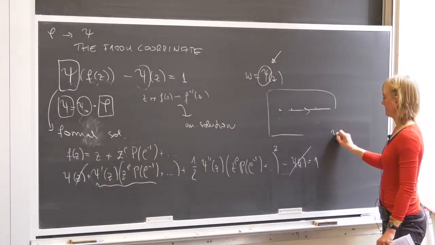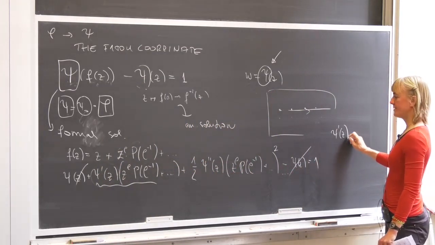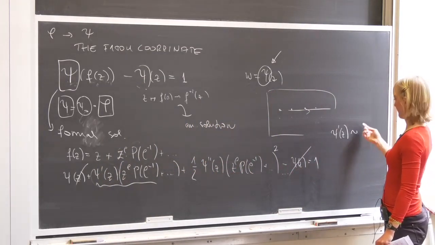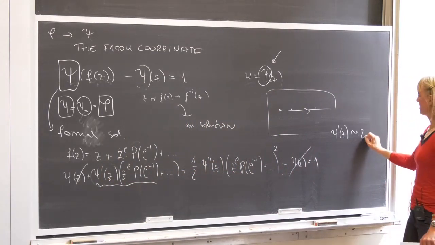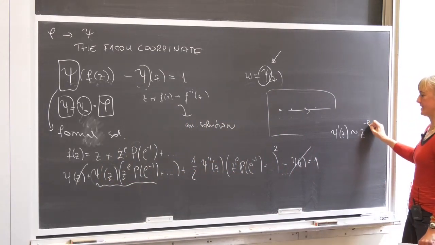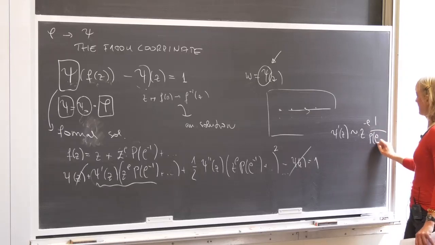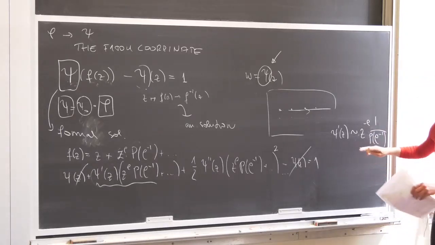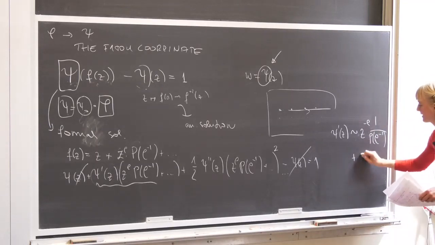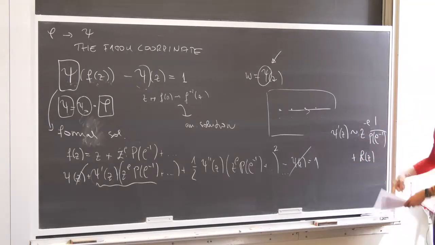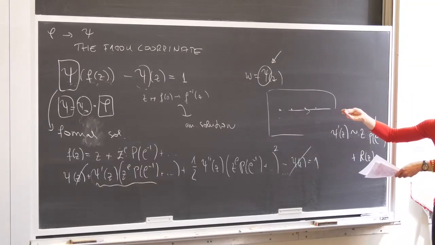And we see that psi prime of z actually behaves like z minus l 1 over L minus 1. And then we put here R to Z, and we go back and we continue.